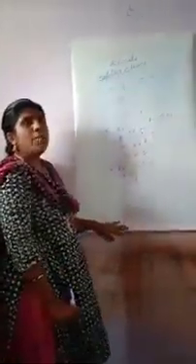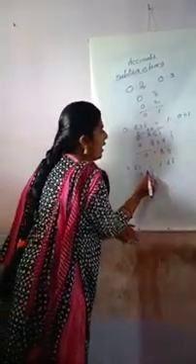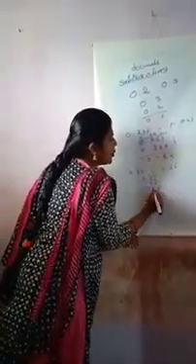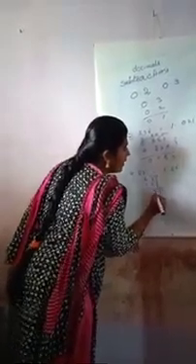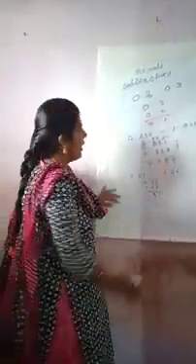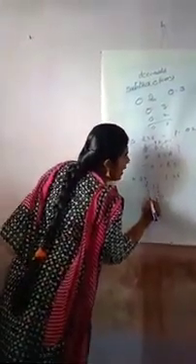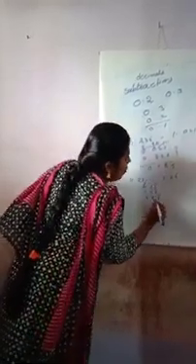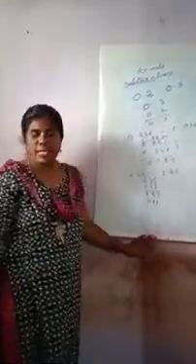Next, this one is 1. 11 minus 2, how much? 9. This is 3, remaining 3. 3 minus 1, 2. So, 2.97. So, understand, children, minus decimal?